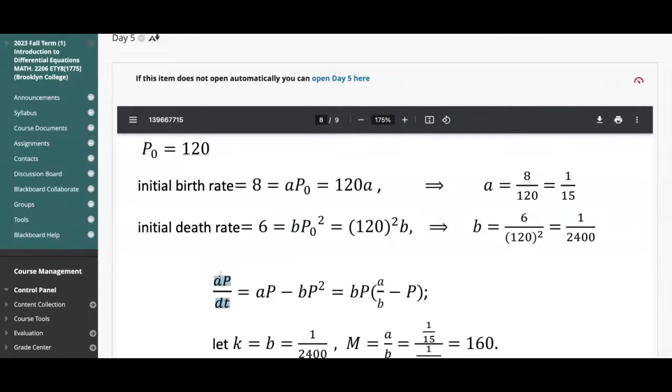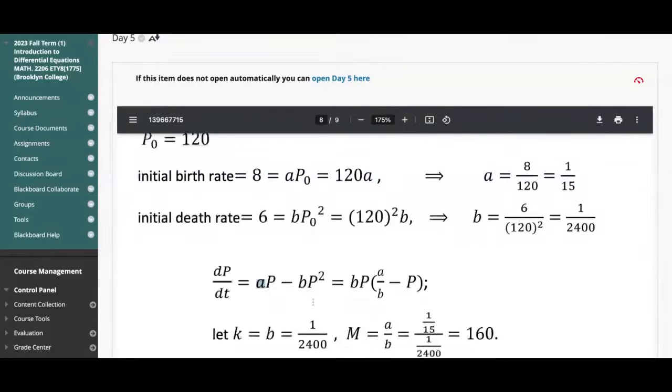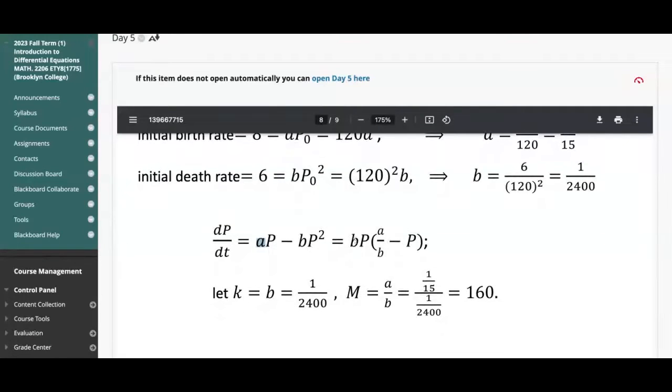Then we put it back into the equation, dP dt equals AP minus BP squared. Let's factor out BP, so we have A over B for the first term, and minus P for the negative BP squared.